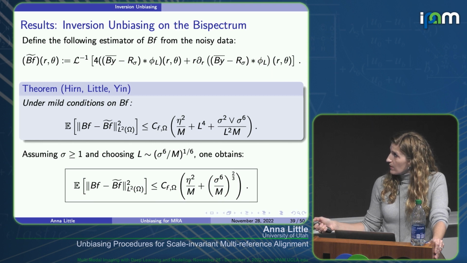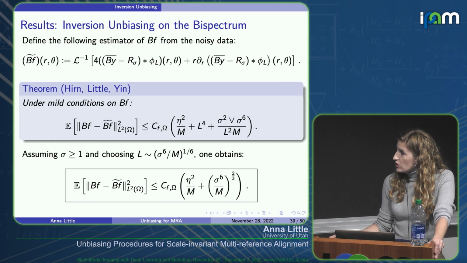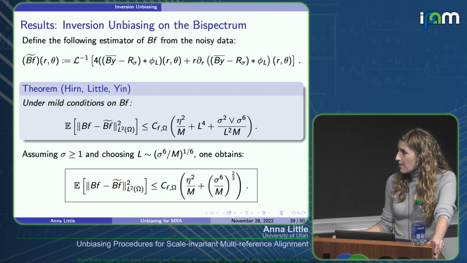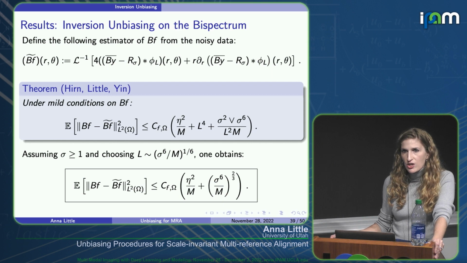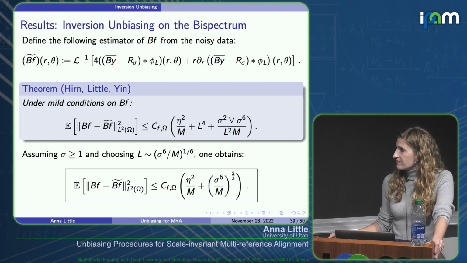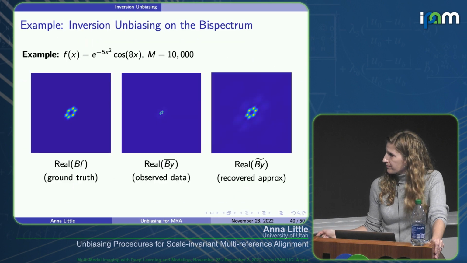You construct this estimator from your data and from knowledge of the dilation distribution, and then what do you get at the end of the day? You get an error which decays exactly the same way in M, and a little bit worse in sigma, if your sigma is large, because you're using a higher order feature.